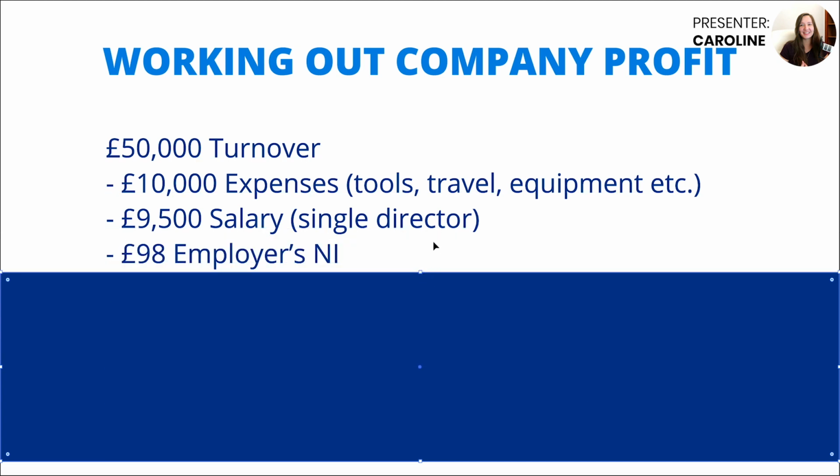Then we've got £98 of employer's national insurance to take away from this. This is a valid company expense. And again, it's not something that's deducted from your own salary because it's the employer's responsibility.